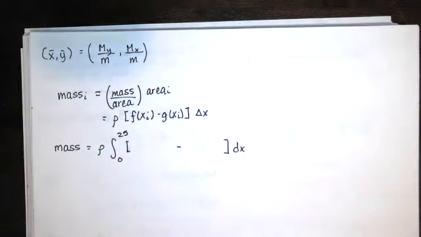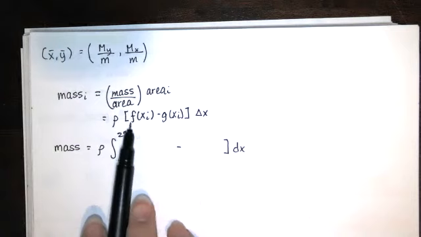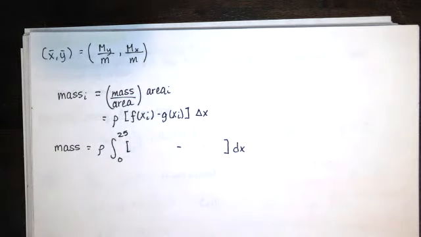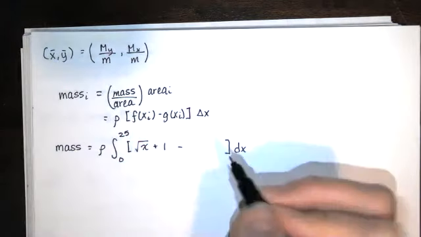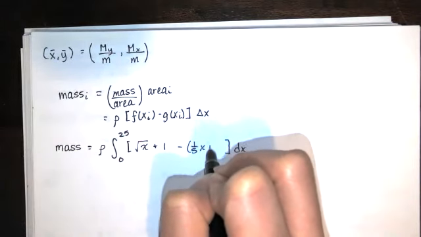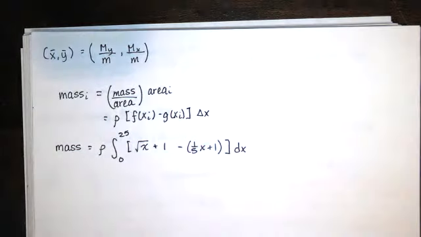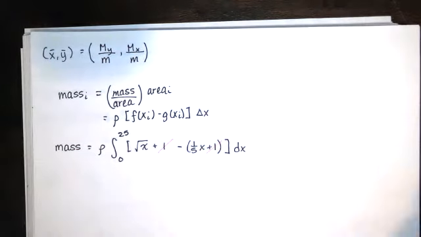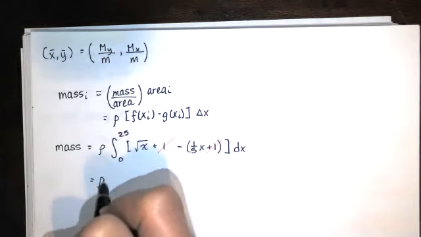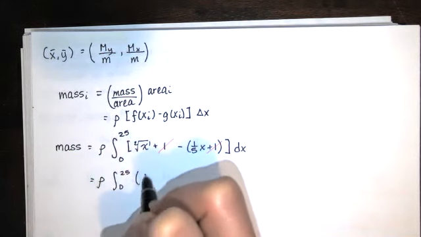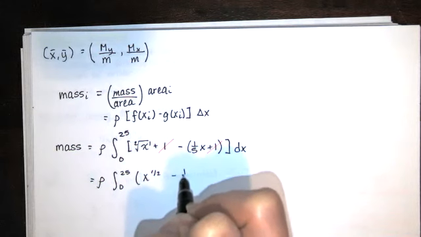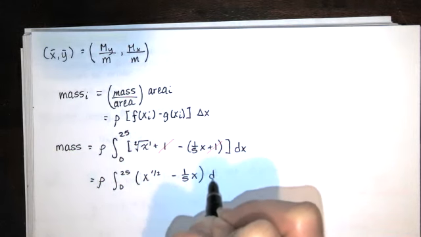I hope you notice that this is just a constant times the formula for the area between the two curves. The top function is that square root function, and the bottom function is the line. When we distribute the negative, the ones will reduce, and we'll have this. You can write that as a 1/2 power, and I would recommend that so that you can use the power rule.